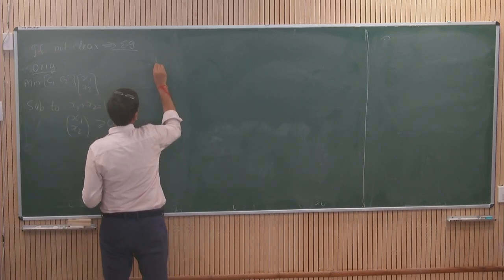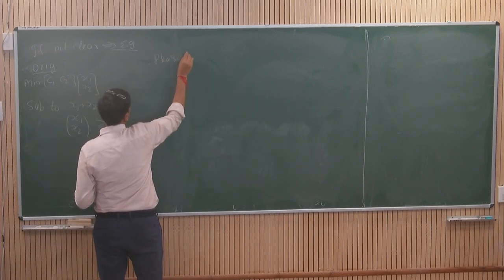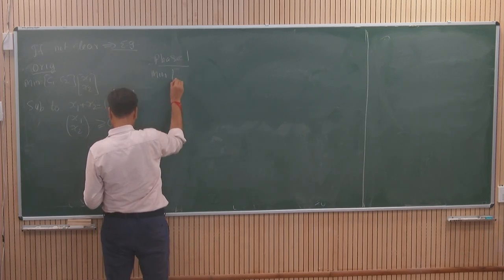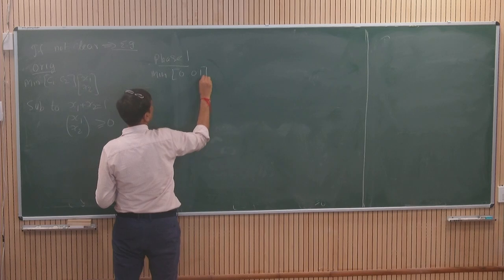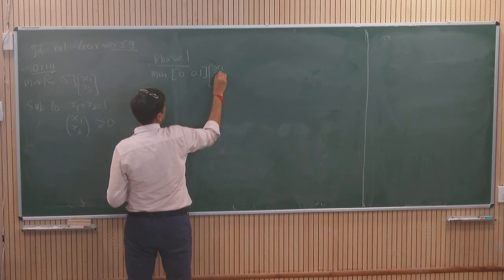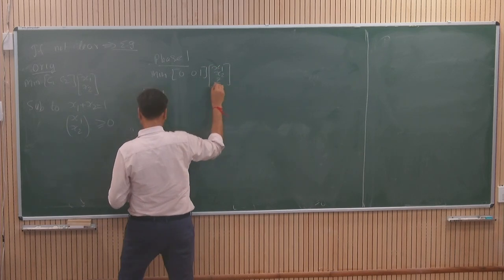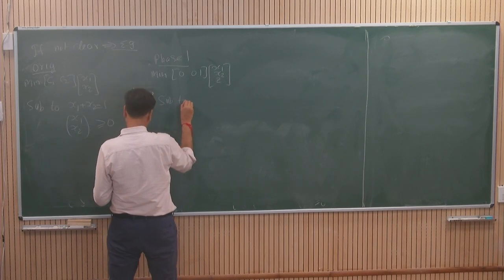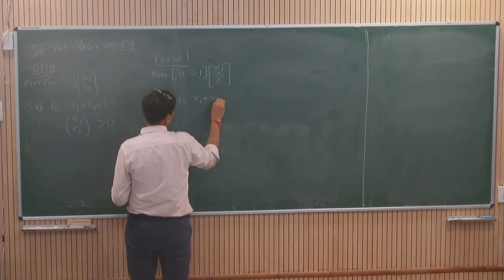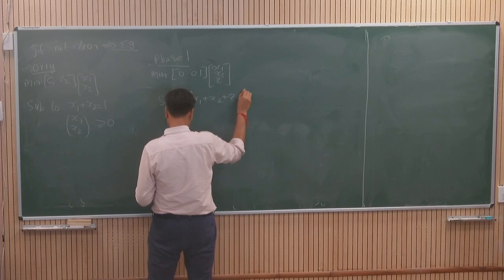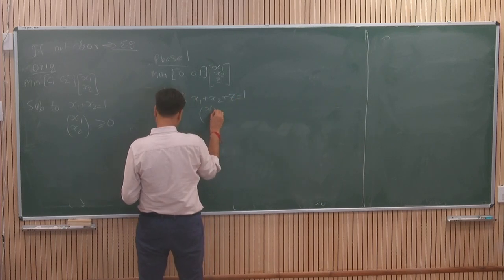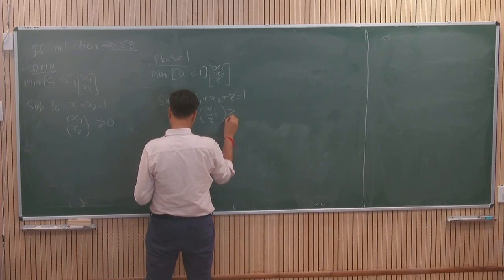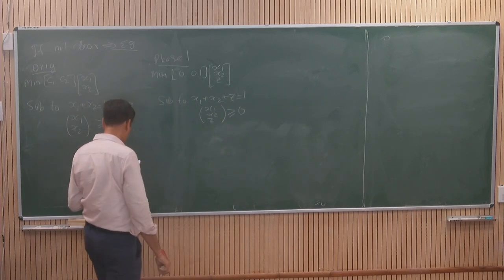So we'll write the phase 1: minimize 0, 0, 1 times X1, X2, Z, subject to X1 plus X2 plus Z equal to 1, and X1, X2, Z greater than or equal to 0.